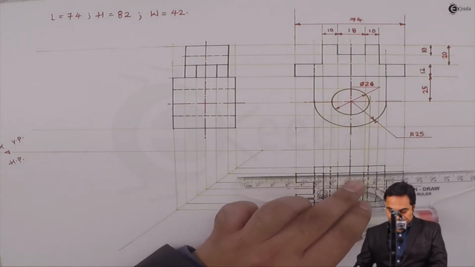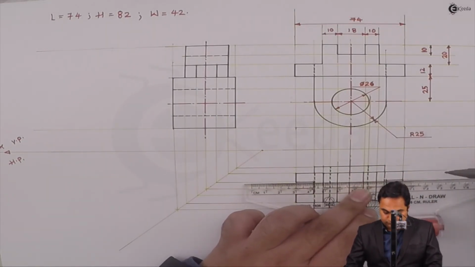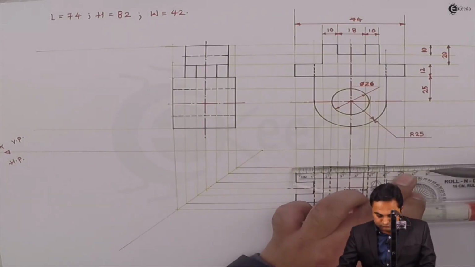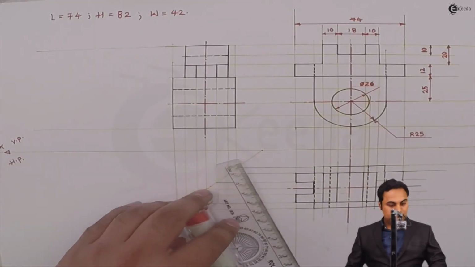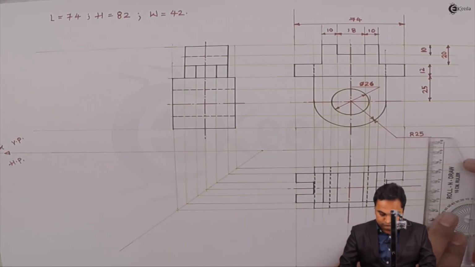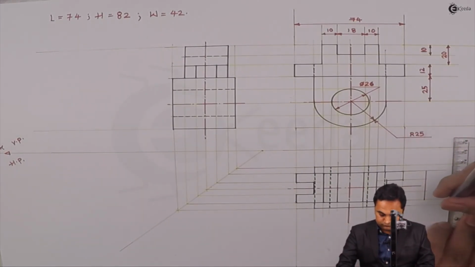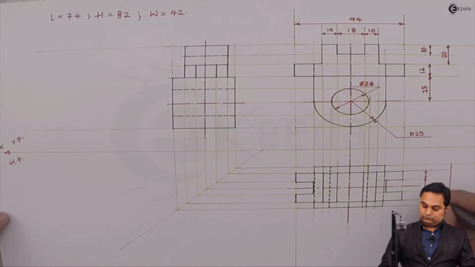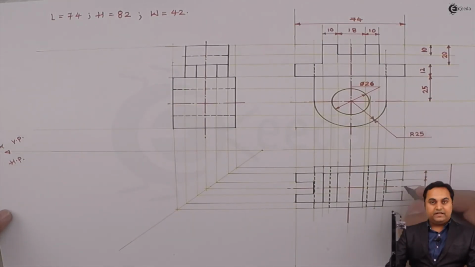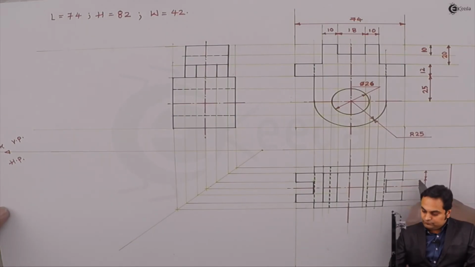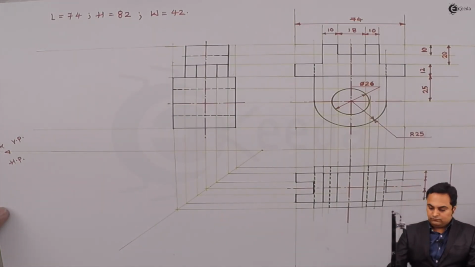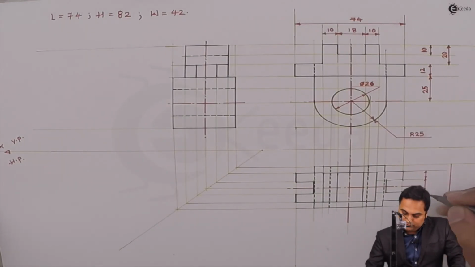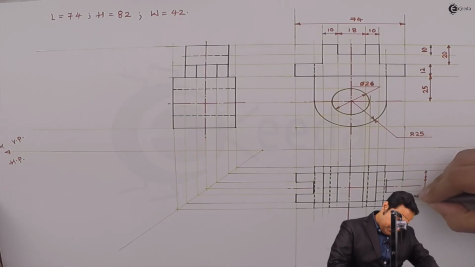Then in the top view, these rectangles are of 10 mm width, and here the width of these are actually 9, not 10 mm as given in the problem.